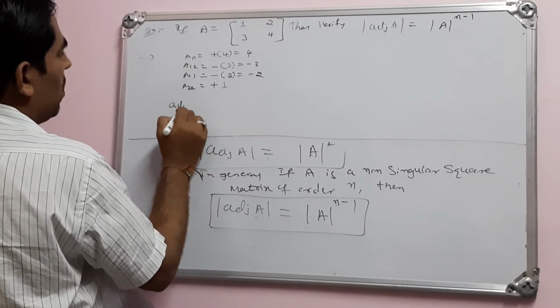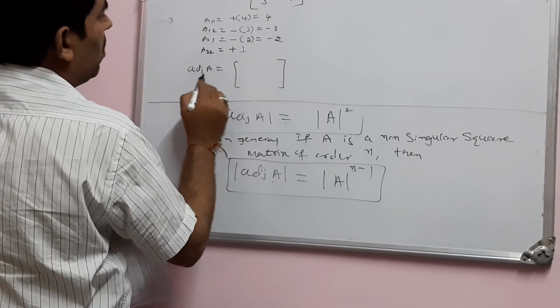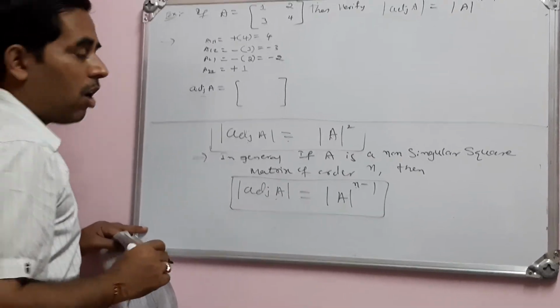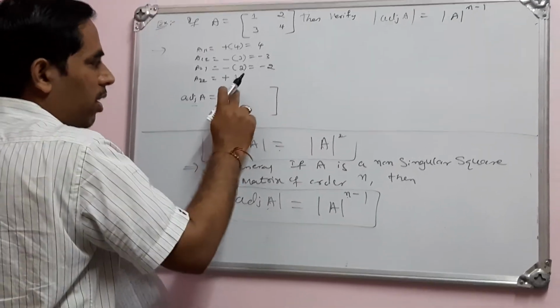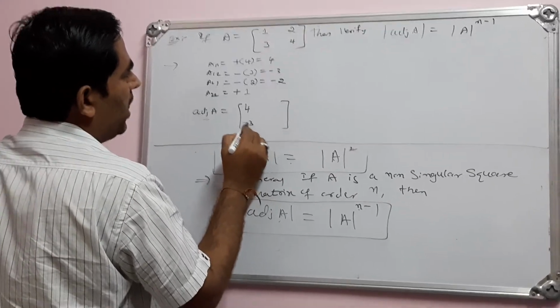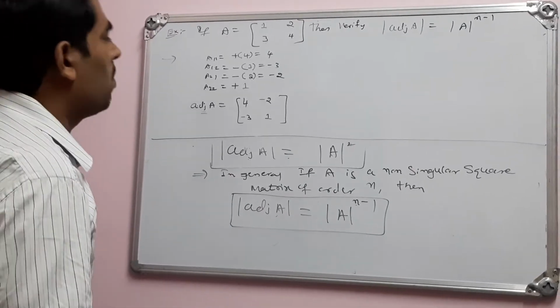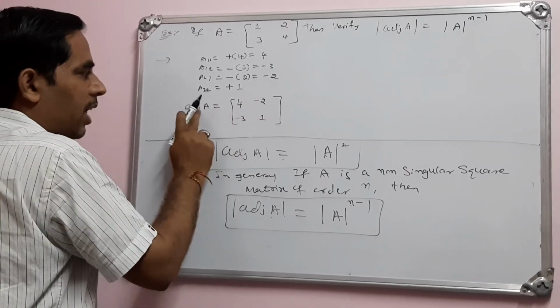So I am directly writing the adjoint, not the cofactor matrix, so we have to write in columns: 4, minus 3, minus 2, 1.